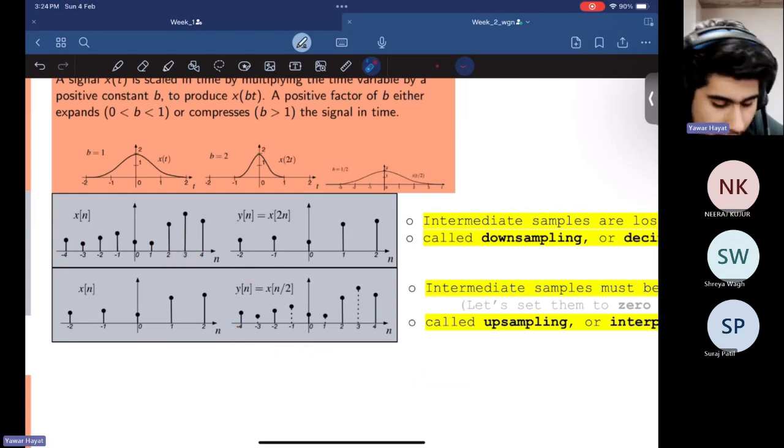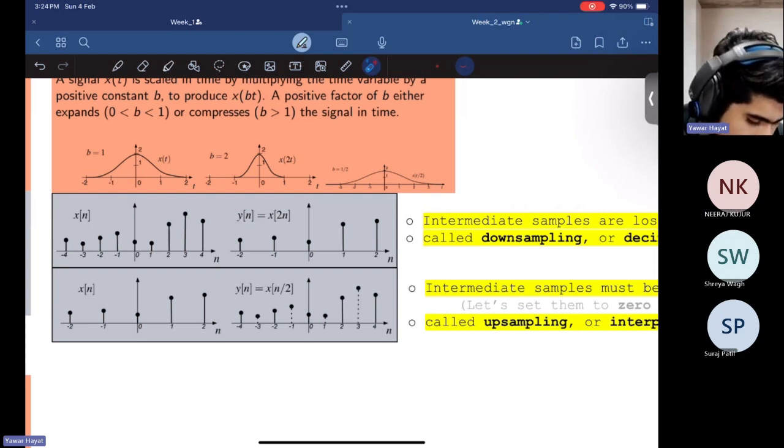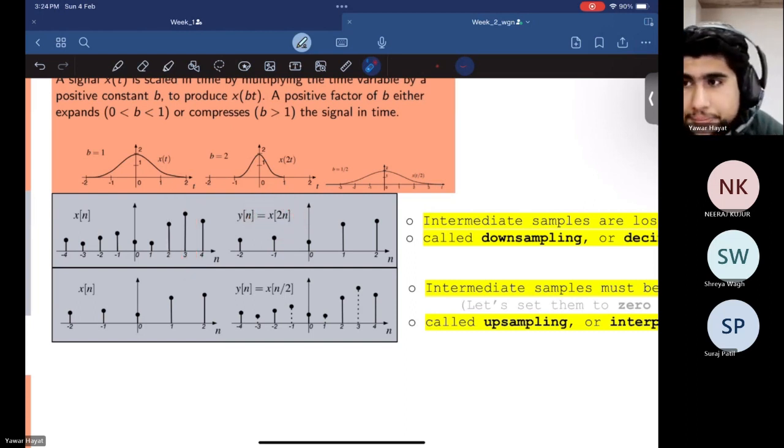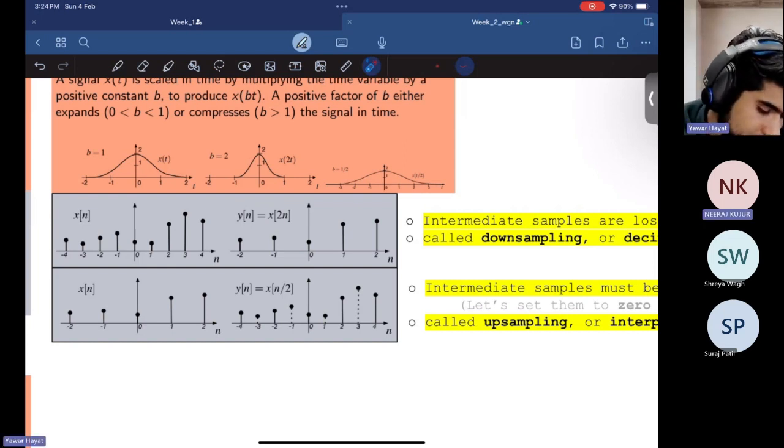Okay. Can you point out any other sample that will be missing or that gets lost in this x of 2n apart from this? I think all the odd numbers.